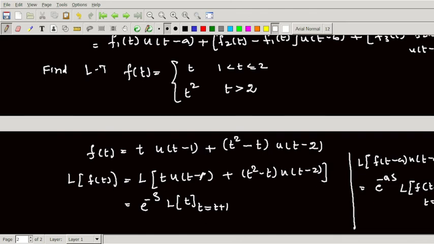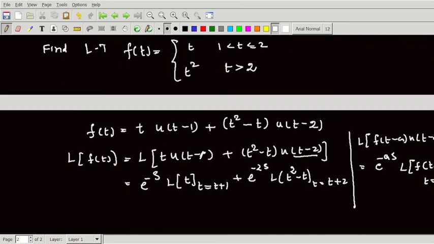Then e power minus 2s, since u of t minus 2 is there, into Laplace of t square minus t, and replace t as t plus 2. Here t minus 2 is there. We must replace t equal to t plus 2.